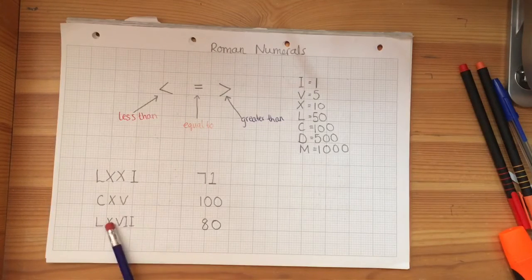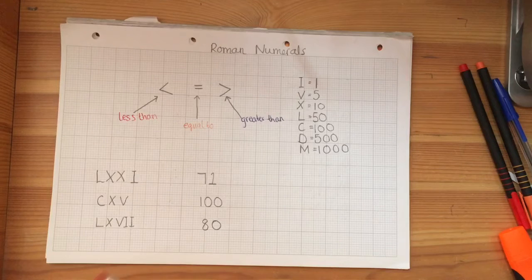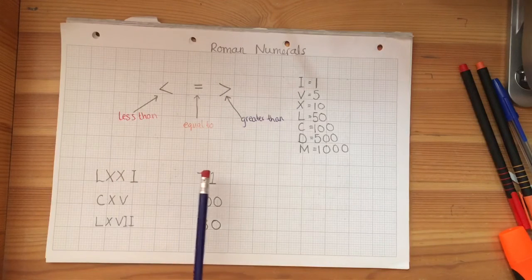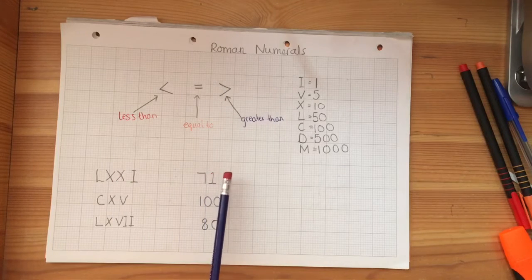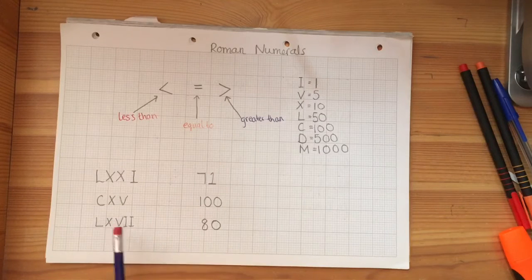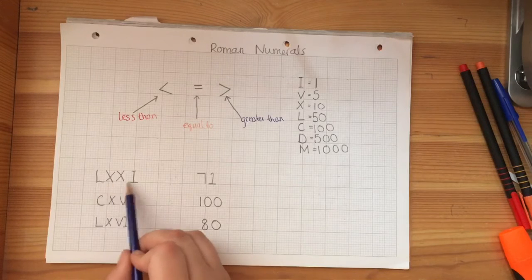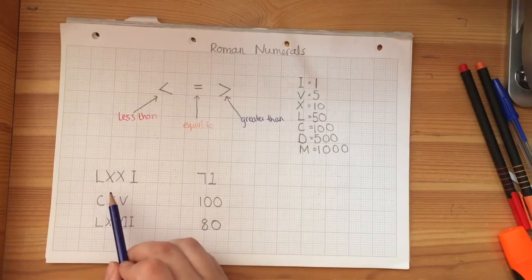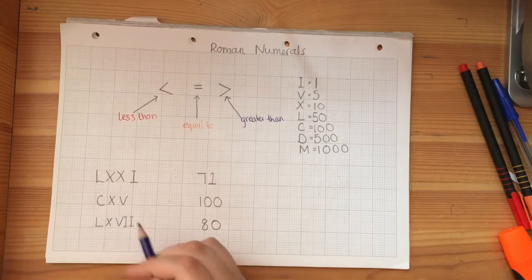So I have 3 different Roman numeral numbers down the side here and 3 numbers on the other side. I want to know whether this number is less than, equal to or greater than this number, and the same for this one and this one. So first things first is I've got to convert this into standard numbers.